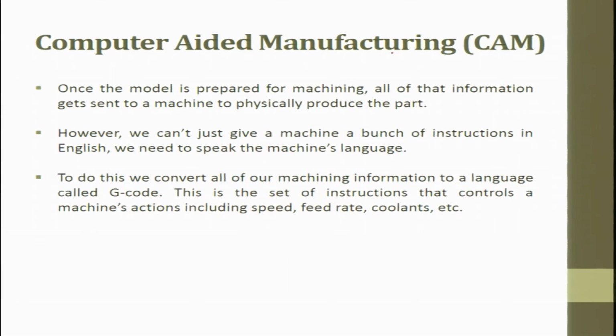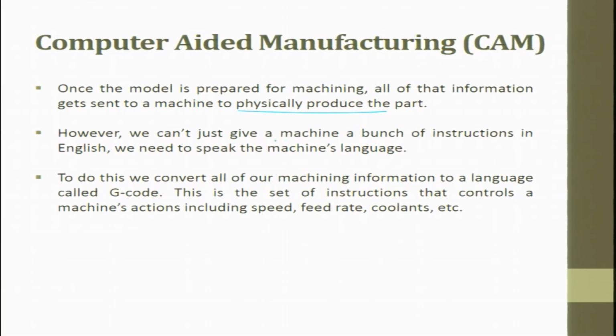So, in computer aided manufacturing, once the model is prepared for machining, all the information to physically produce the part is sent to the machine by CAM. After CAM has given its clearance, we focus on producing the physical part, because the tool path geometry is done, and then we take this from CAM and start producing it.